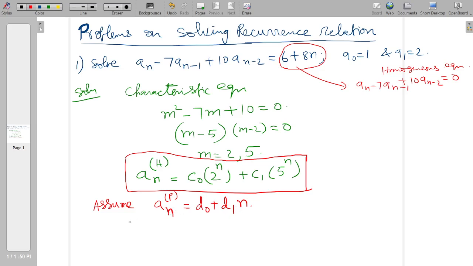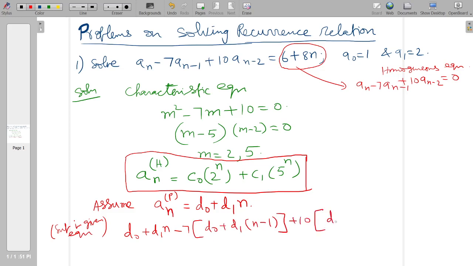I substitute it in the given equation. So you get d0 plus d1 n minus 7 into d0 plus d1 into (n minus 1), because here you have a_(n-1), plus 10 into d0 plus d1 into (n minus 2) is equal to 6 plus 8n.